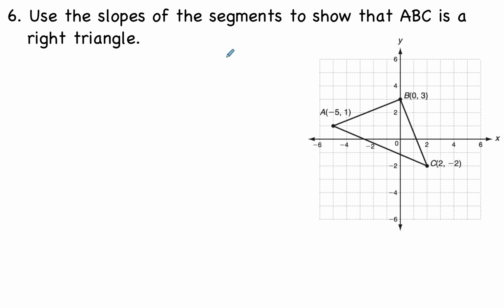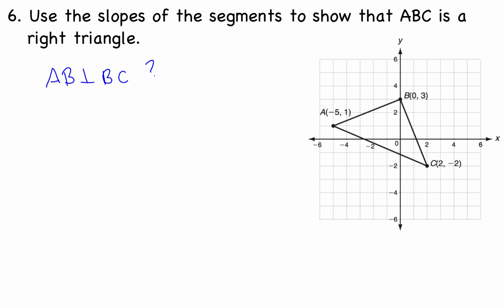And our last problem for this lesson says, use the slopes of the segments to show that ABC is a right triangle. Well, here we have triangle ABC. If it's a right triangle, it must have a right angle. So we are going to check to see if segment AB is perpendicular to segment BC. So here's how we would write that. Is segment AB perpendicular to segment BC?